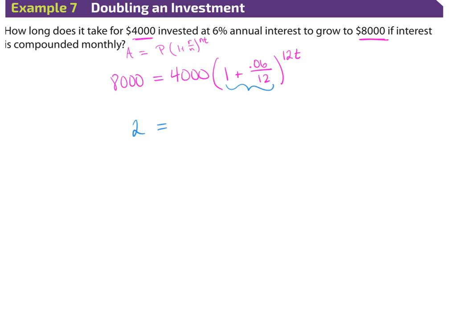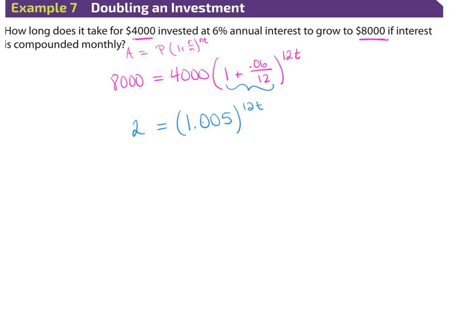This is actually a number, all right? It's an actual number. So what is that actual number when I say 1 plus 0.06 divided by 12? What is that number I get? 1.005. There we go, to the 12t. Now I just have an equation to get that out of the exponent. Take the log of both sides. Take the natural log of both sides.